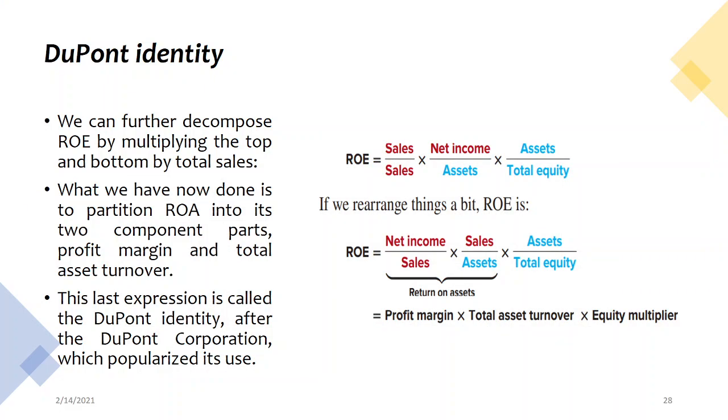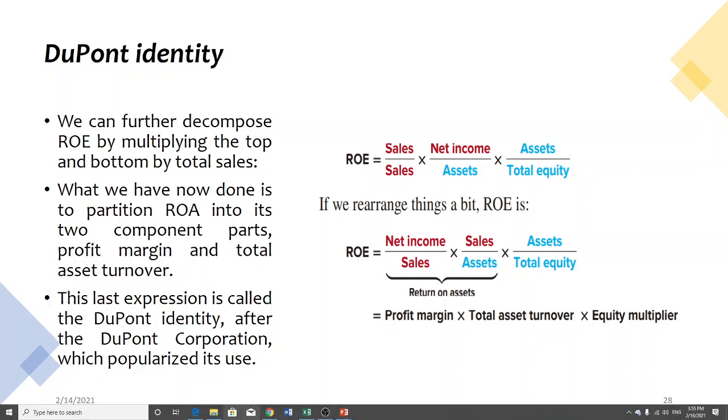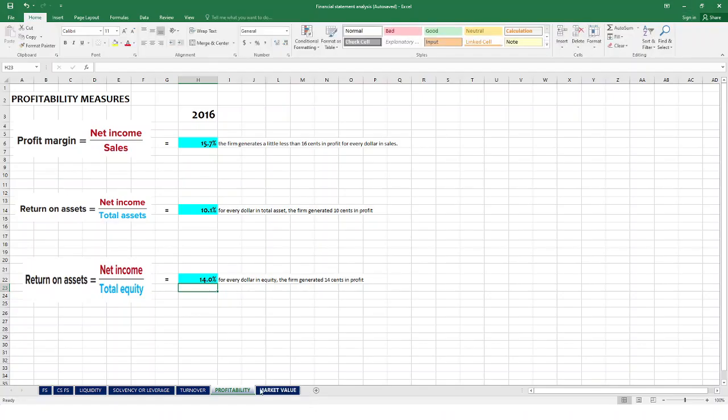So this is saying that our ROE is going to be the same as when we take the product of these. Let me demonstrate. Let's go back to where our ROE is. So this is our ROE, return on equity. And this is supposed to be our ROE, not return on asset.